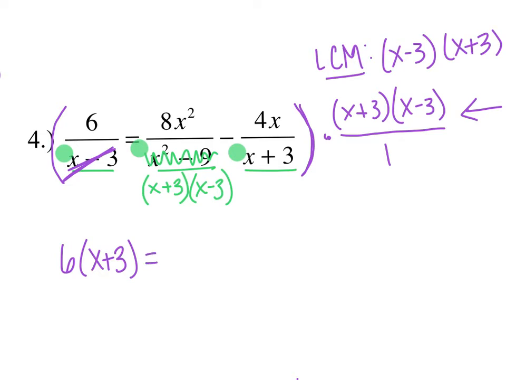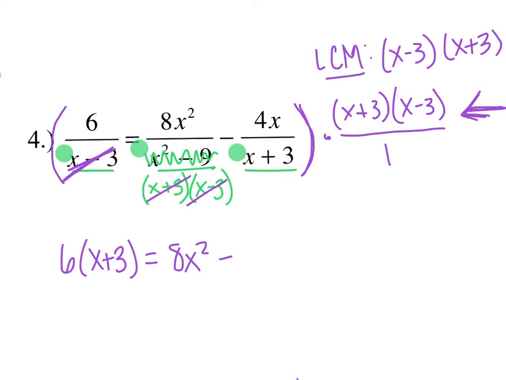Okay, your 8x squared is over top of the x plus 3 and the x minus 3, so they're going to cancel out with both of the things we're multiplying by, our LCM. So that cancels, and you're left with just 8x squared. It does not need to be multiplied by anything.